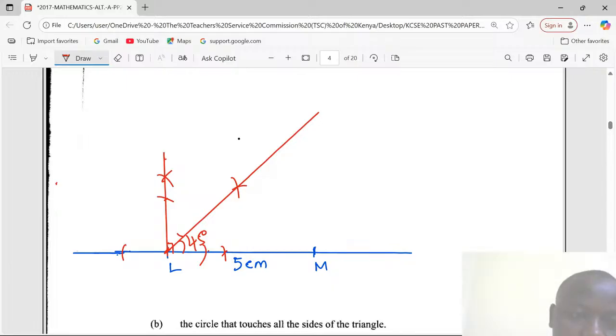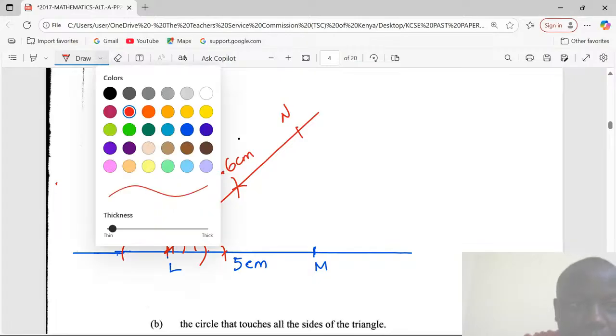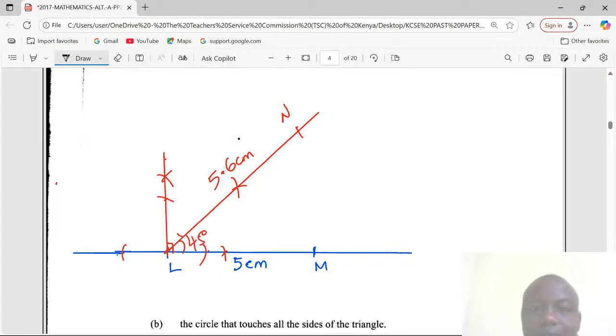So this is a length of 5.6 centimeters, which means this is point N. Then we finish up the construction by connecting L to N, already connected. Then we check N to L that way.